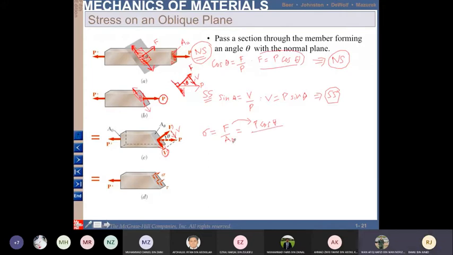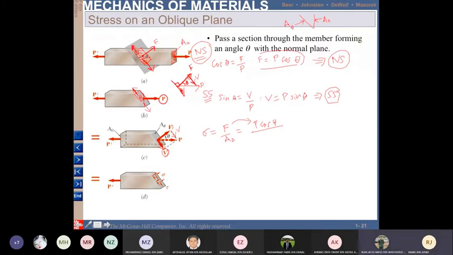And then this A naught is equal to, so this is your A original, and this is your A new. This A new is A theta.